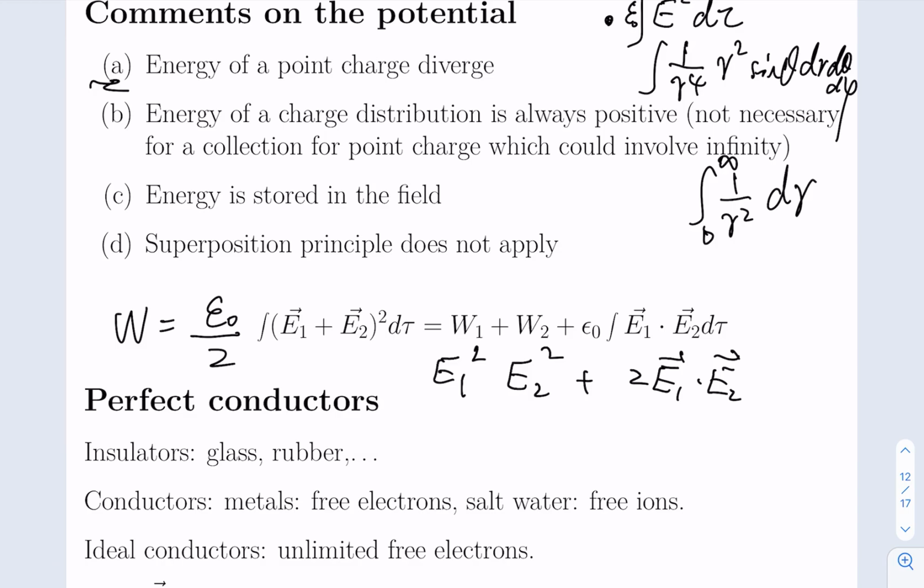And this term is something that you need to pay attention to. So this means that if you double the E field, say in a capacitor, the work is not simply double. You need to multiply by a factor of 4.